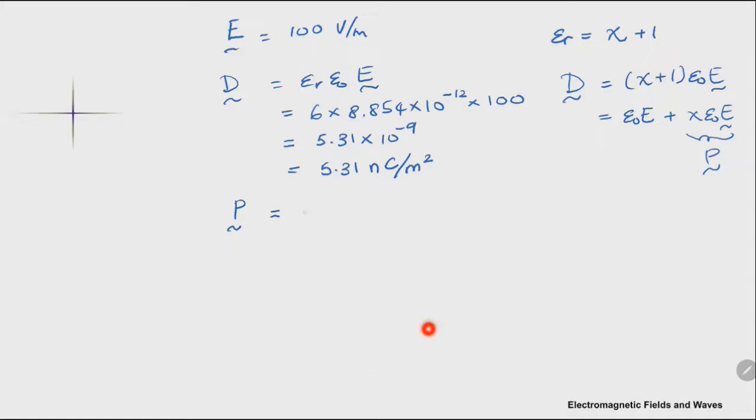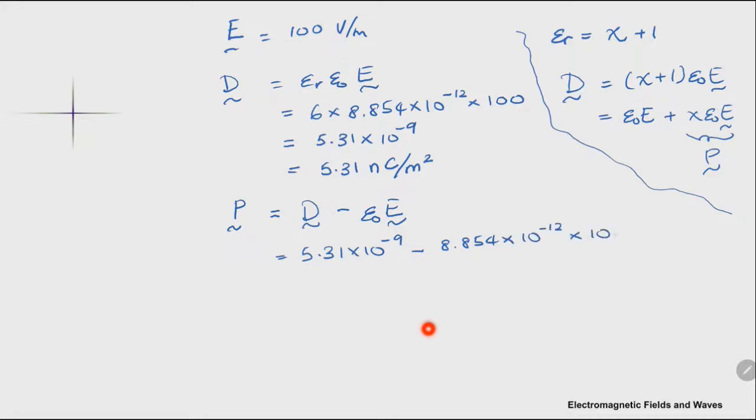So P will be equals to D minus epsilon naught E. So this is equals to 5.31 times 10 to the minus 9 minus 8.854 times 10 to the minus 12 times 100.